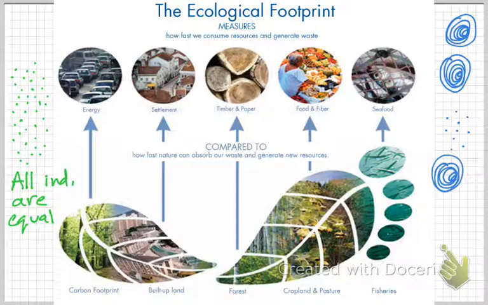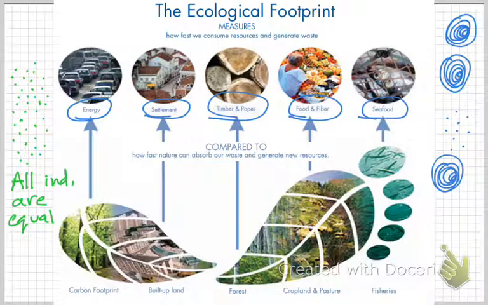What you basically have here is we look at a population. You can do it at the level of an individual, but you can also do it at the level of a population. And you start to look at key components, things like energy, the settlement, how much space they need, the houses we build, the amount of timber and paper that we use, the food and fiber that we use, the seafood that we consume.